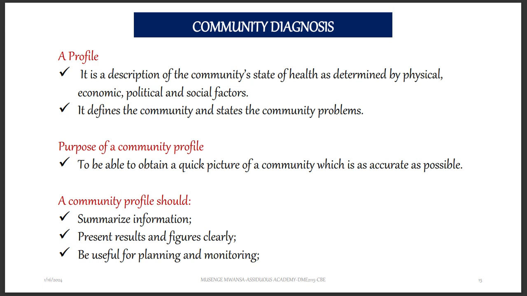If you want to talk about how healthy a community is, you don't just look at, let's say, the physical needs of people. You also refer to the economy. Are people economically stable? Politically, are they stable? Socially, are they stable? That is a profile. So it is going to define the community and state the community problems.